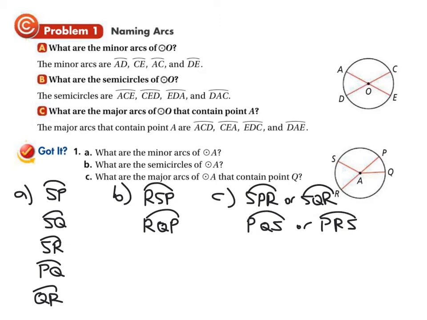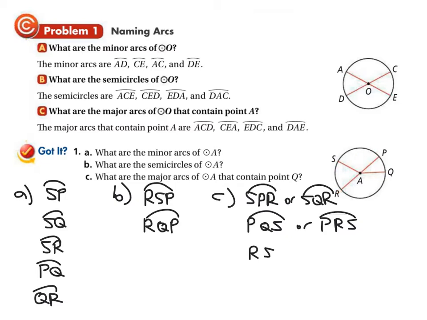Okay, now let's go to R and see what we can do. Right here from R, can we go to S? No, that's a minor arc. P, no, that is a semicircle. To Q, we could do that, but oh, no, we didn't do RQ yet. So let's do that as endpoints. R to Q, either RSQ or RPQ.